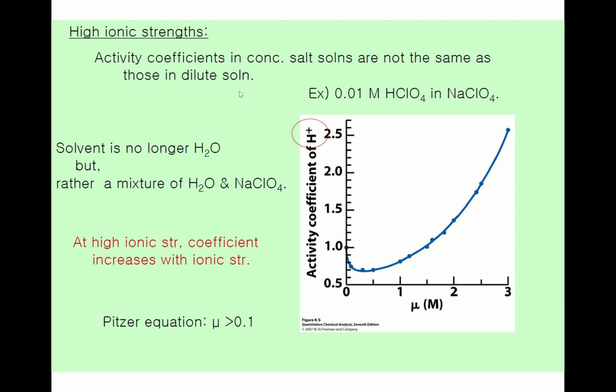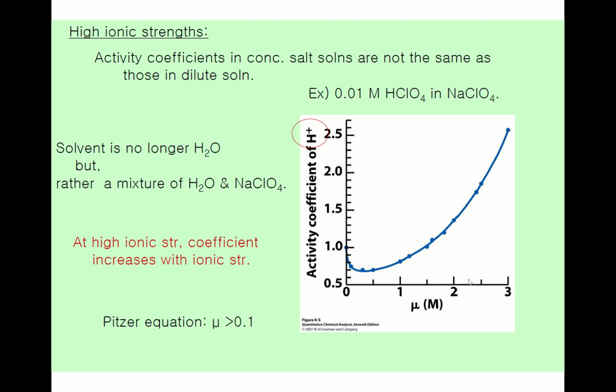Look at this figure first. When ionic strength increases, the activity coefficient of, in this case, proton decreases. Debye-Hückel theory explains only this part. As mu increases, it decreases, passes through a minimum and then keeps increasing.